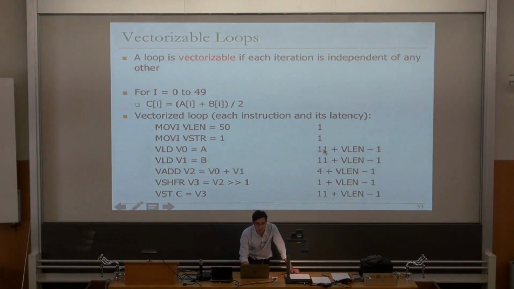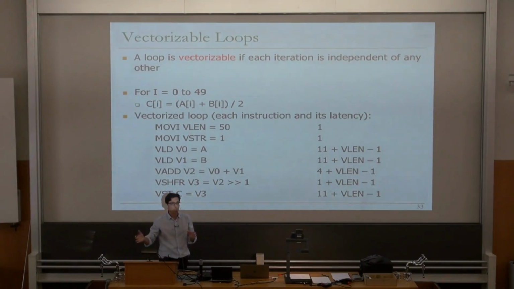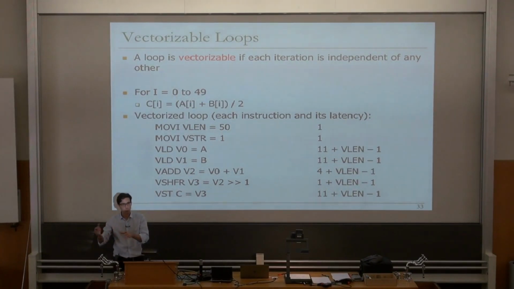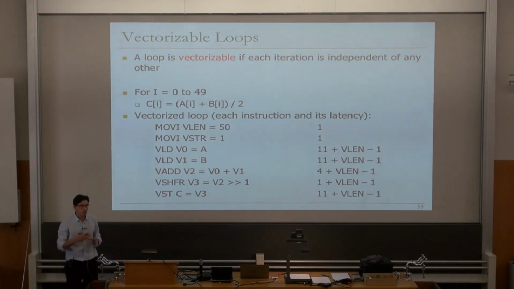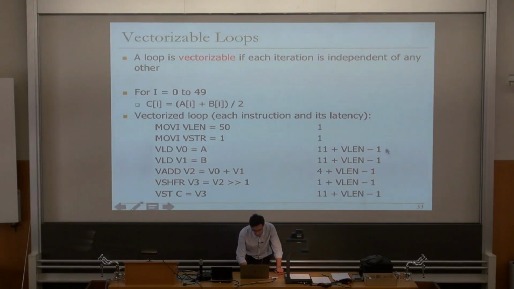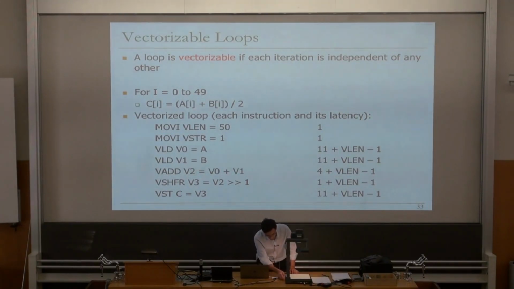Now we have a vector processor with pipelined execution, not only in the access to memory thanks to the memory banks, but also because our functional units are pipelined. The total latency to execute this load from memory will be 11 plus vector length minus 1. Let me show you one example very quickly.